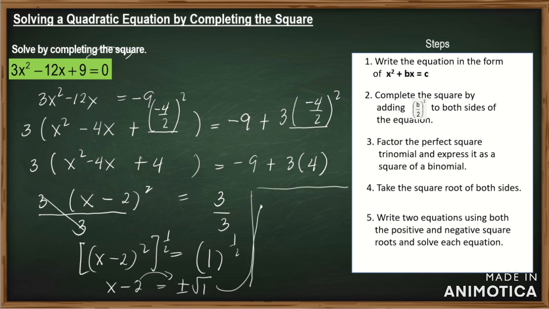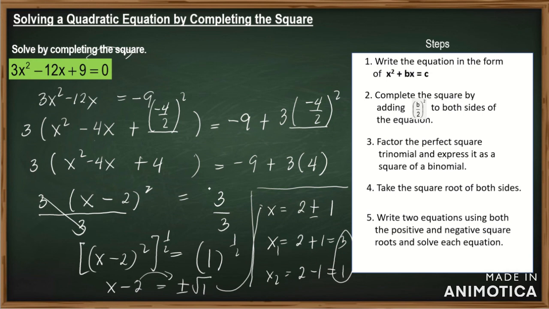So we have x now is equal to 2 plus minus the square root of 1, which is 1. Then we have x sub 1 is equal to 2 plus 1 equals 3. X sub 2 is equal to 2 minus 1 equals 1.